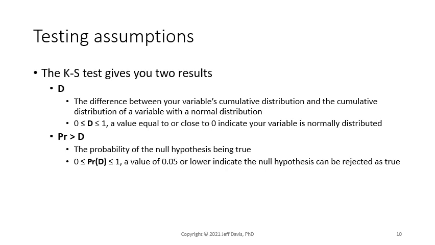What you want to keep in mind is that a value that approaches 1, or is equal to 1, indicates that your variable closely fits, or is an exact fit to, a perfect normal distribution. And then the Pr greater than D value also ranges from 0 to 1.